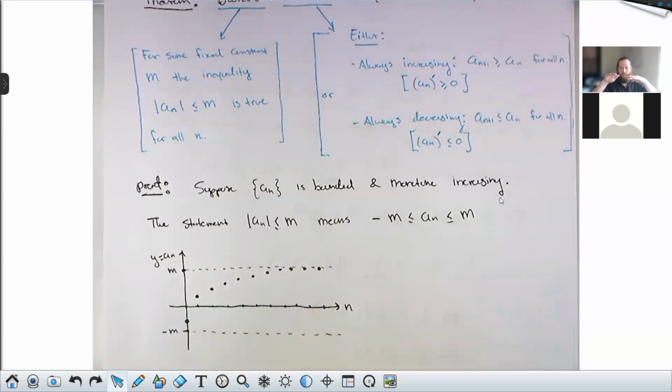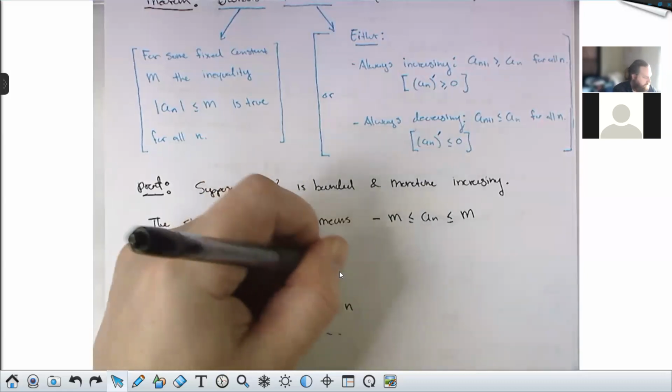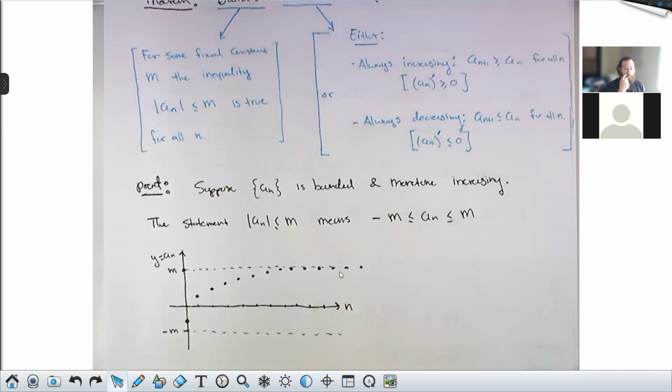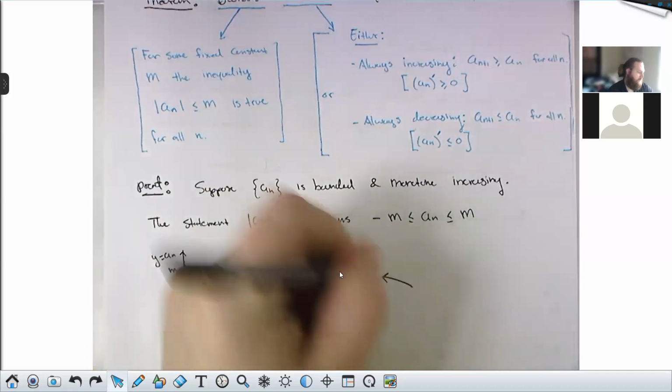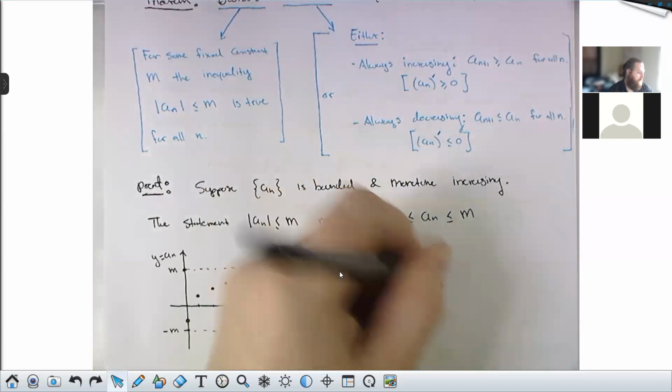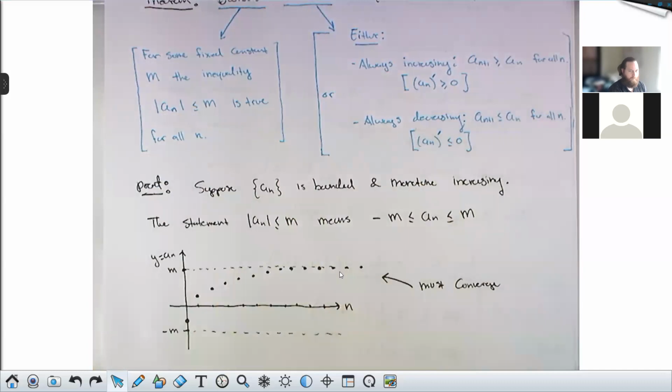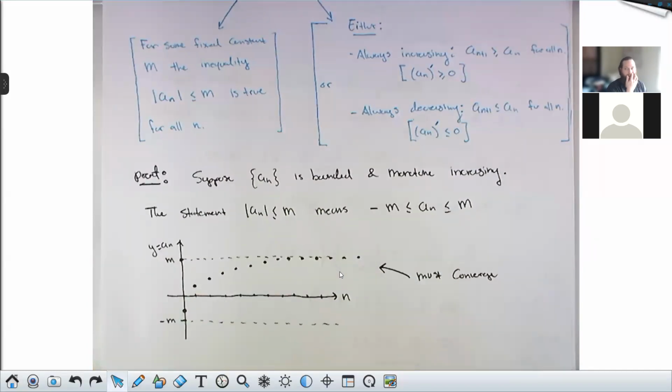So all those terms have to start piling up on that ceiling. And that means that this sequence has a limit, namely M. So all these terms have no choice but to get closer and closer to M. That must be a convergent sequence. It has no choice.